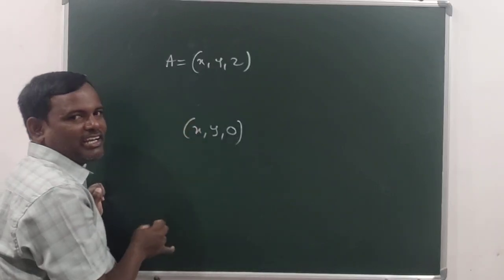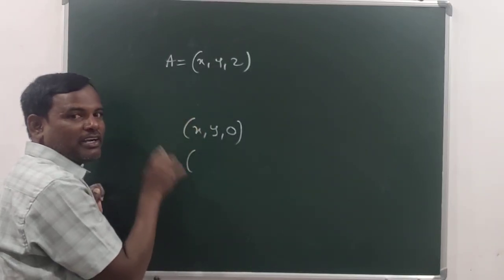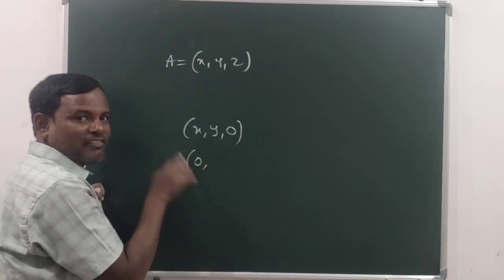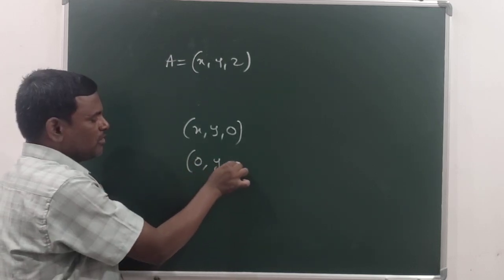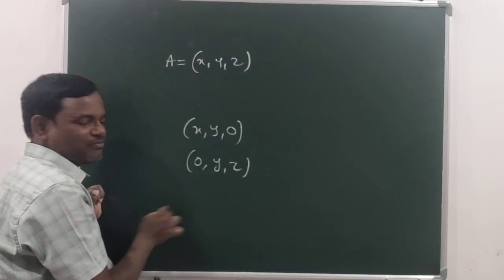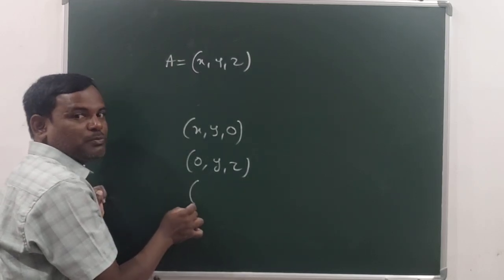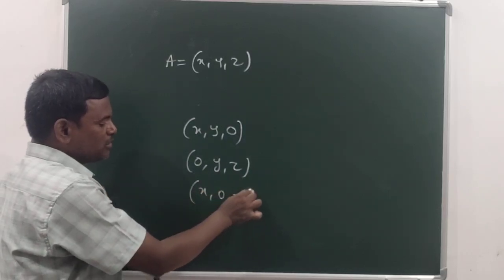The projection of this point on the yz plane, which passes through y-axis and z-axis, in the 3D system. On the yz plane, the x value will become 0. The projection of this point on the zx plane, which passes through z-axis and x-axis, where the y value will become 0.